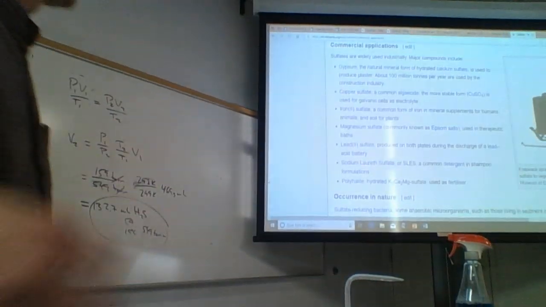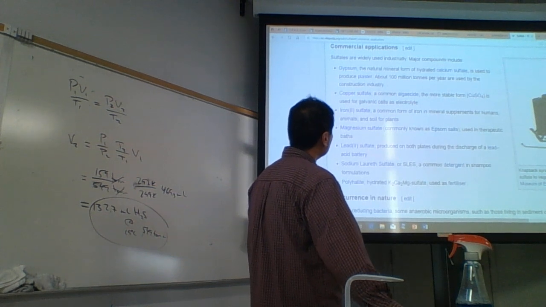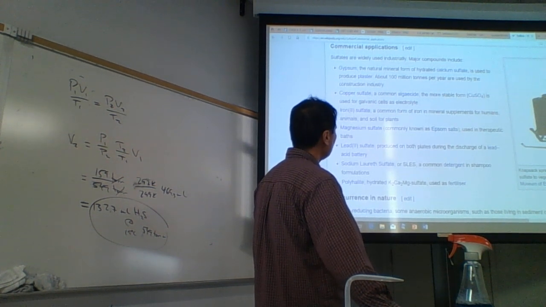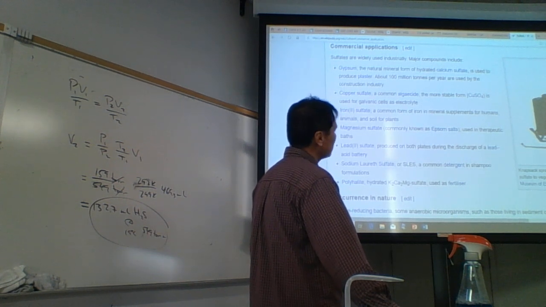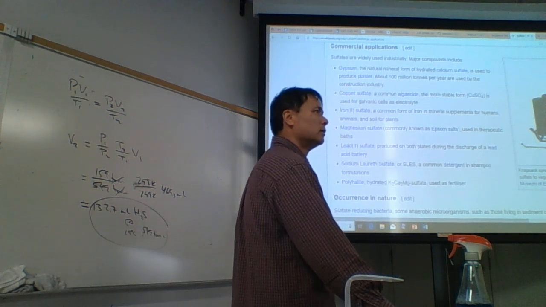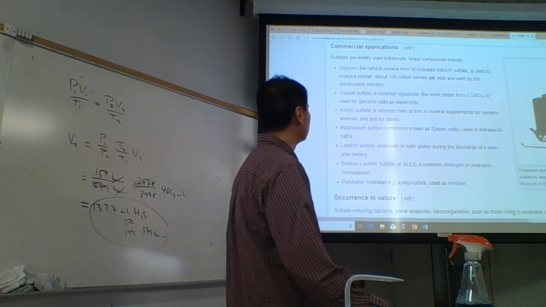Calcium sulfate is a common chemical. Copper sulfate's used to kill algae. Iron 2 sulfate, we use iron 2 sulfate for testing for nitrate, and you're going to use iron 2 sulfate tomorrow in lab to test for nitrate. You know, it's the green solution.